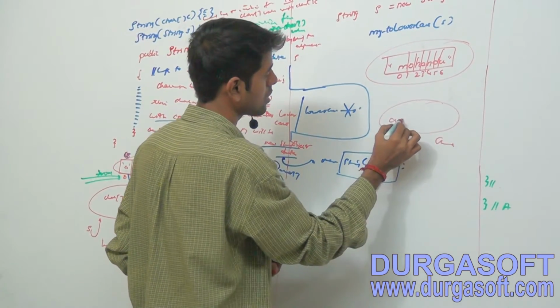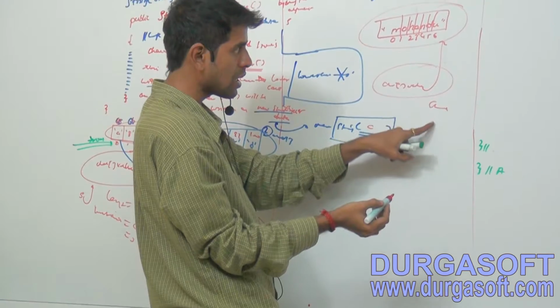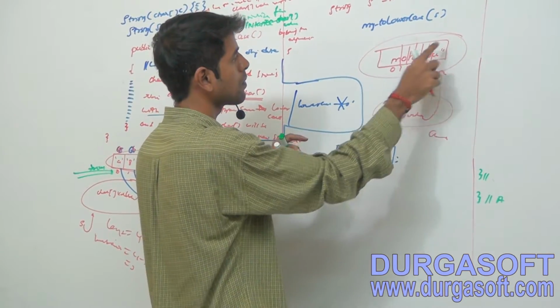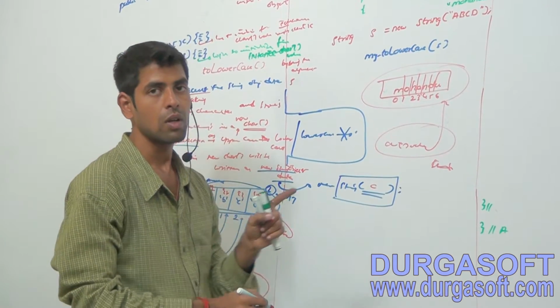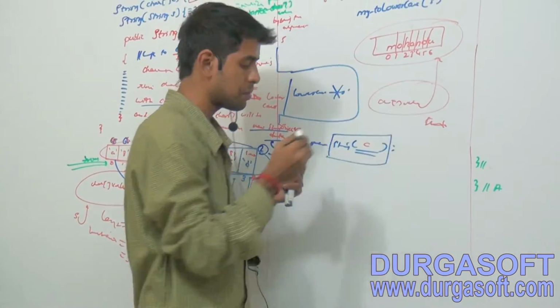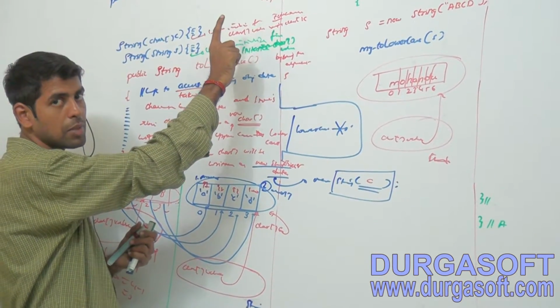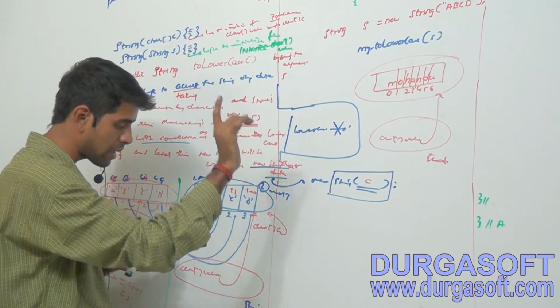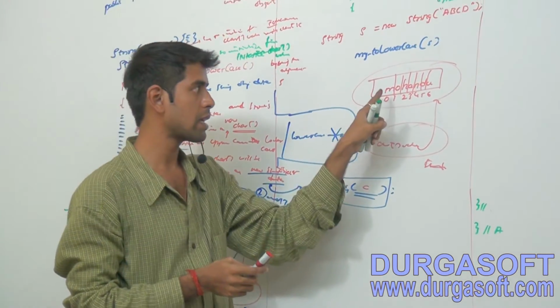This is a string, and this is the char array value. Now what is the length of this string? The length method will return an int value representing the number of characters within the string object. How many characters?